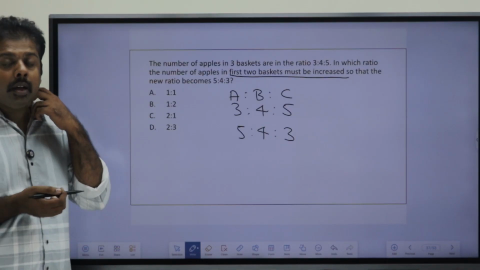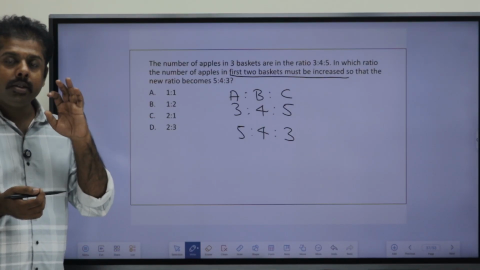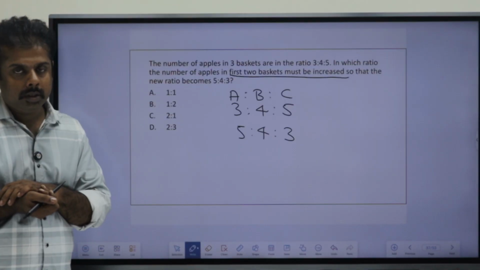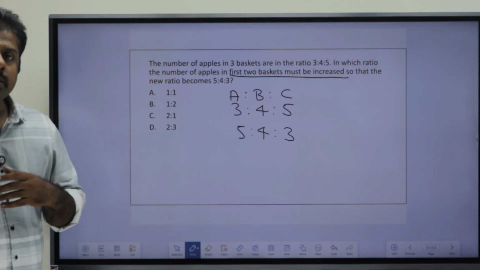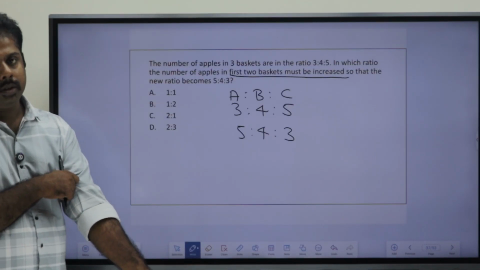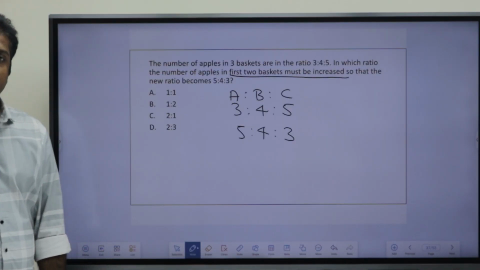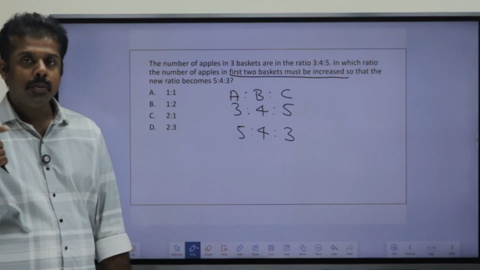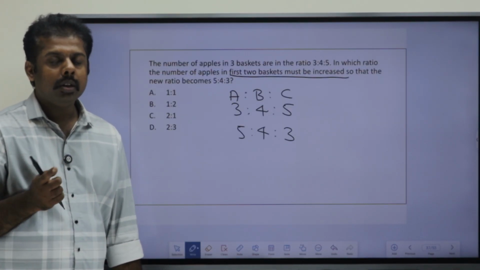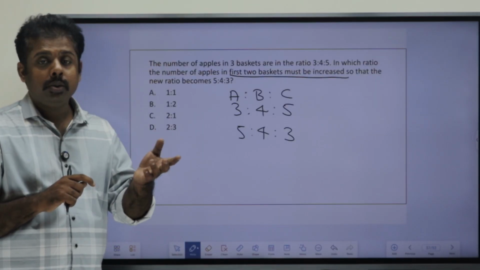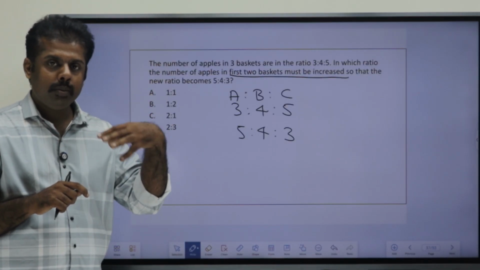So we can assume that in the third basket there isn't a change in the number of apples. If there was a change, they would have said so in the question. If there is no change in the value, the ratio has to be the same.